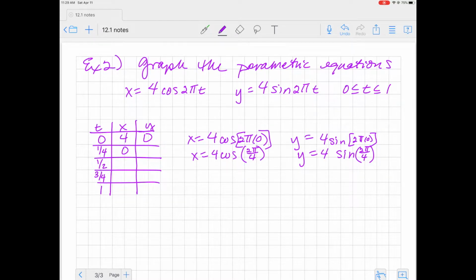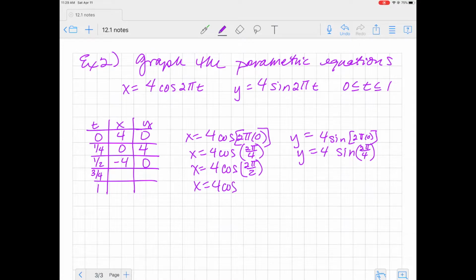So the sine of pi over 2 is 1. Then times 4 gives me 4. Do you see how this is shaking out? 4 times the cosine of 2 pi divided by 2. So the cosine of pi is -1, giving me -4. I'm not going to write all these out, so you get this, right? So the sine of pi is 0.